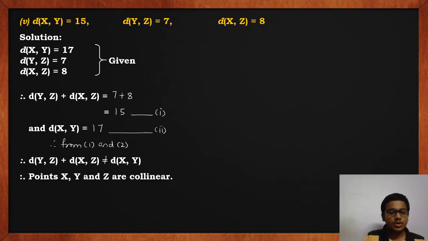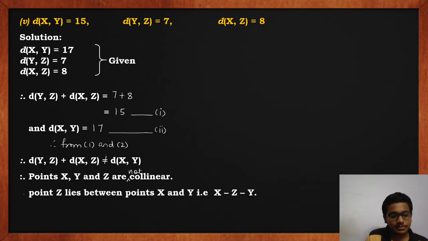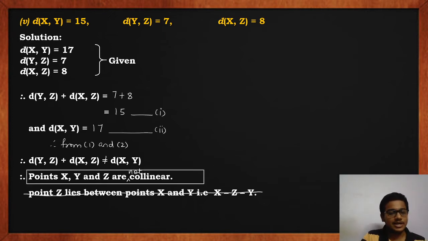So therefore, points X, Y and Z are not collinear. Here I have written it by mistake that it is collinear, but in reality they are not collinear. Okay. So ignore this statement also. This should not be written. This will be your final answer.